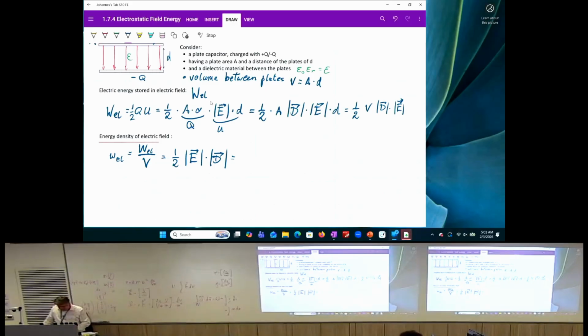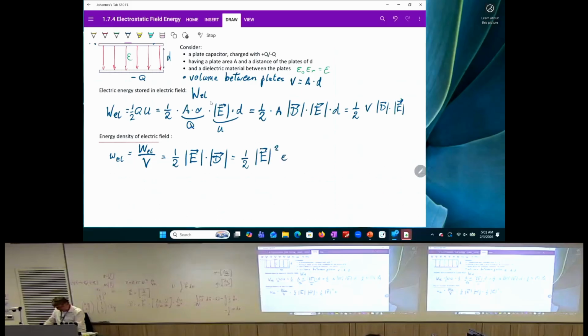So you have 1/2 E field times D field. That gives you the energy density of the field. But now you have, of course, this relation between the electric field and the flux density. So you can also express it in terms of electric field squared times permittivity.